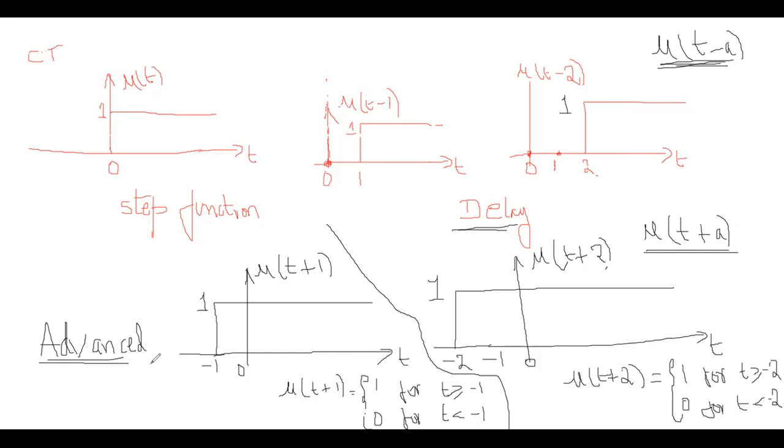Circular shift is there, that we'll get in another unit. These are unit step functions. Mu of t has values only for positive values, its magnitude is always 1, and for the negative there are no values; that is 0. Understood, my students?